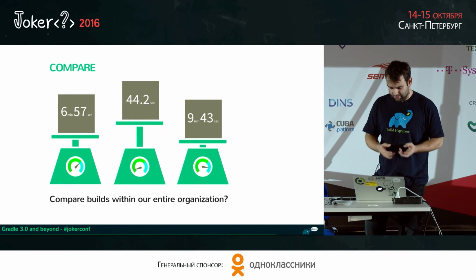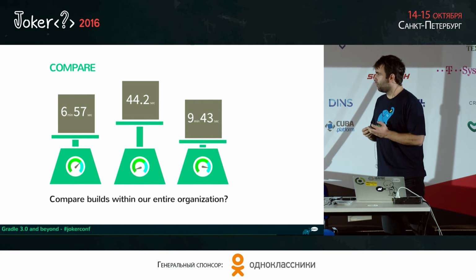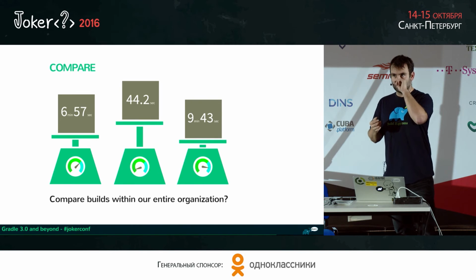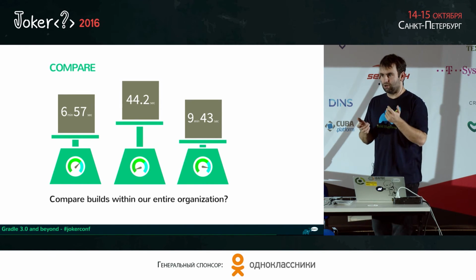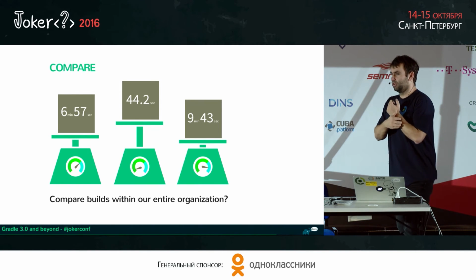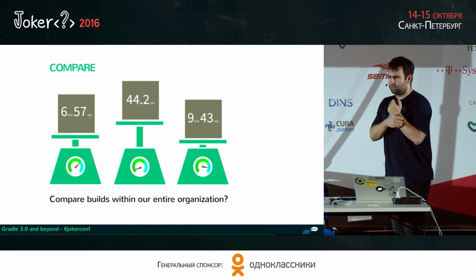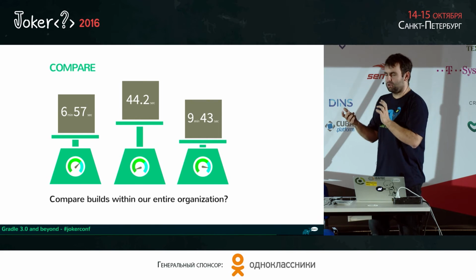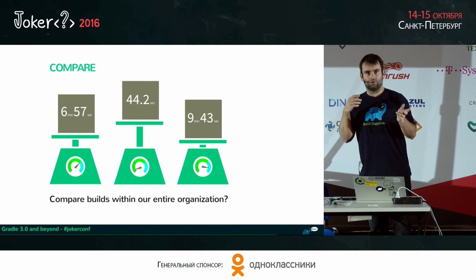Or wouldn't it be nice to compare different builds in our entire organization? We have clients that have more than 1,000 developers, or like LinkedIn, they have, I think, 3,000 developers, and they build, of course, in CI, but they also build on the local machine.